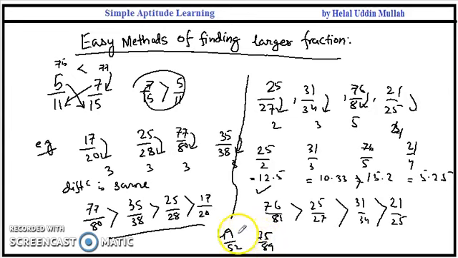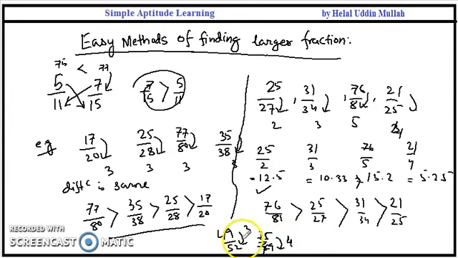So here also you can find the difference value. The difference here will be 3. Here the difference will be 4.